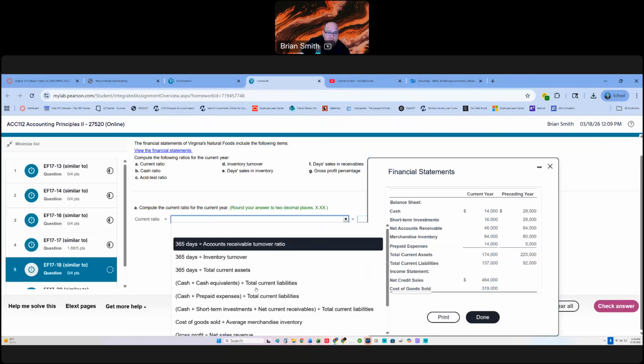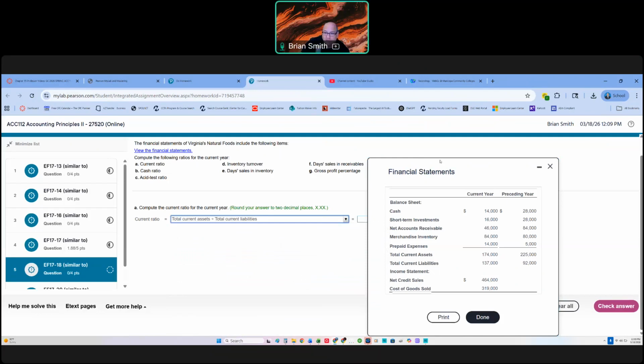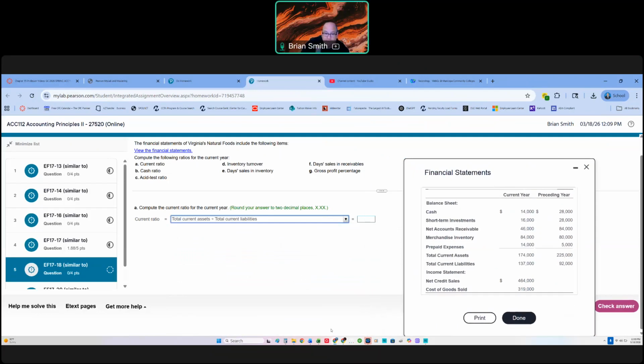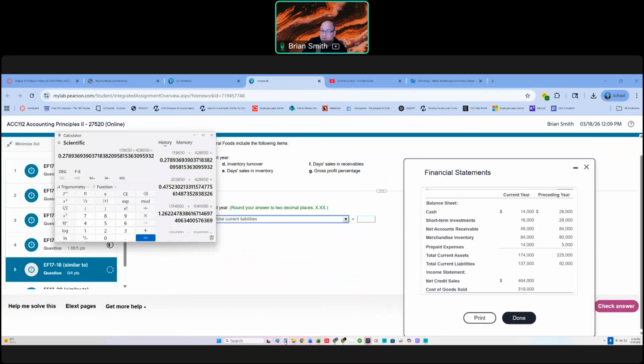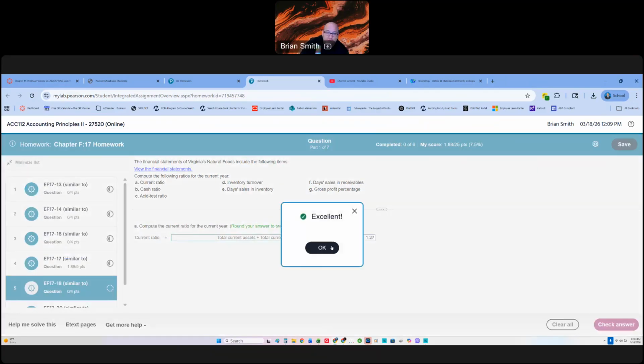Current ratio is current assets divided by current liabilities, so we're going to be a little bit above one: 174 divided by 137. So we got 1.27. Check our answer. Good. Okay.